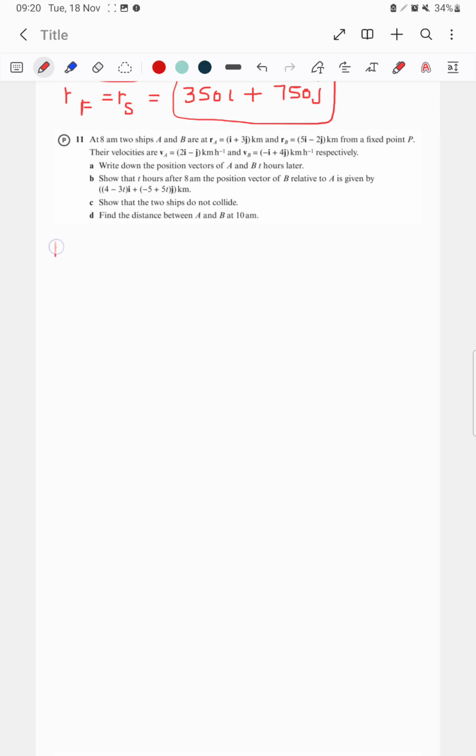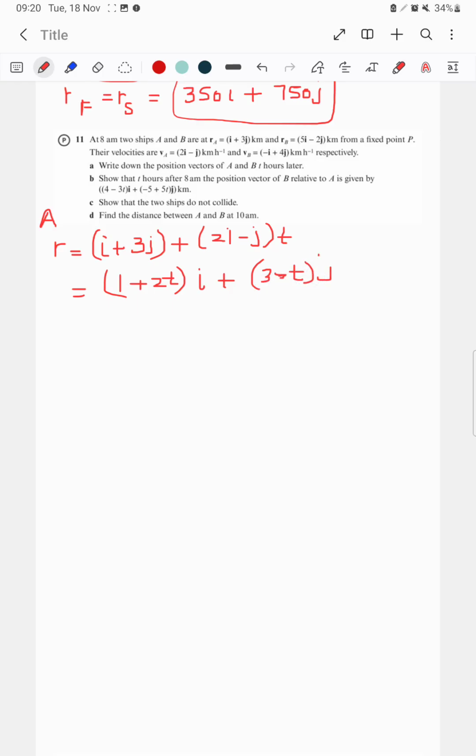So first of all, R for A is equal to i plus 3j plus the velocity, which is 2i minus j, times t. So if I collect the i component, it will be (1 plus 2t) times i plus (3 minus t) j.